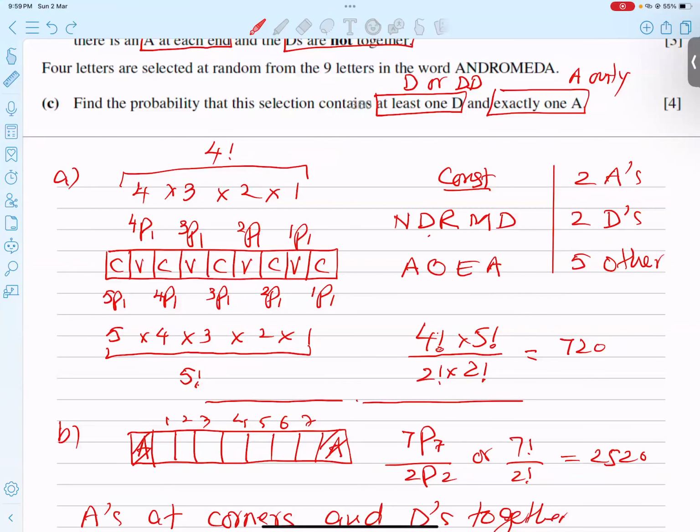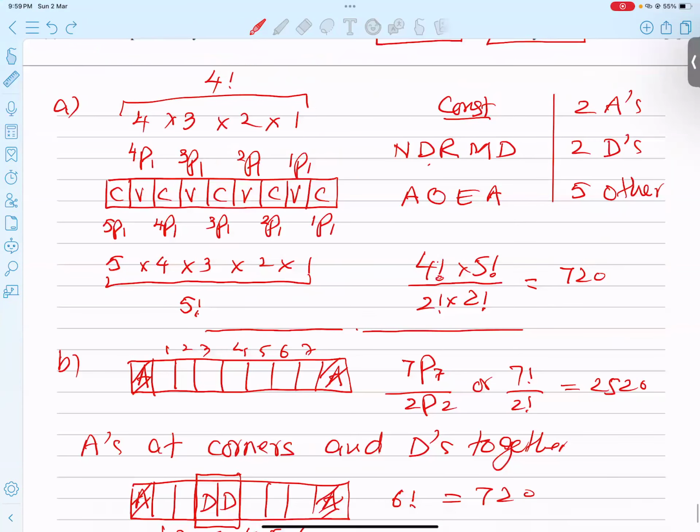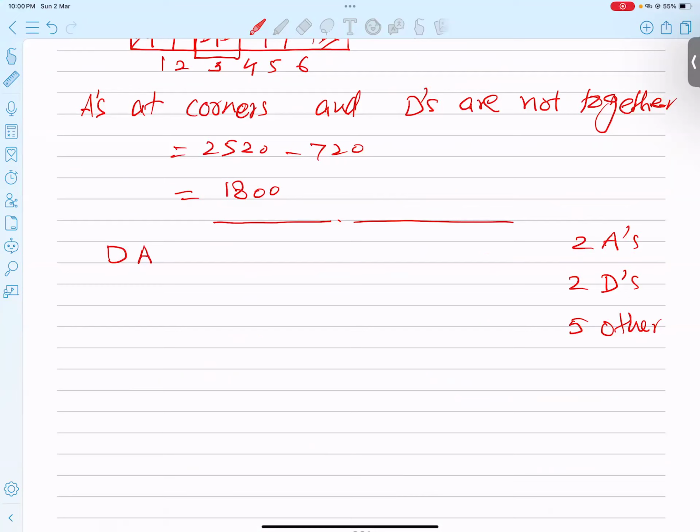So one plan: 1D, 1A, and 2 other spaces. Then 2Ds, 1A and 1 other space. Let me check once again. At least 1D means 1D or 2Ds. Yes, then we have 2 options only, no more options available.